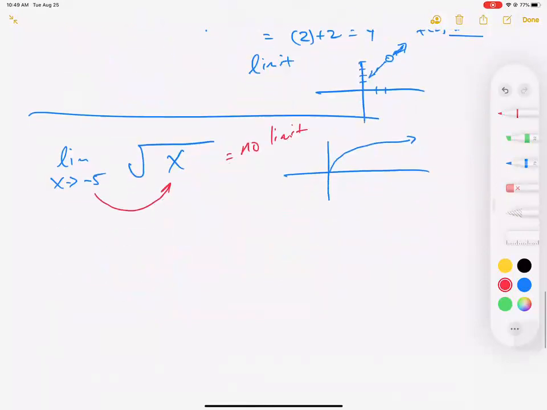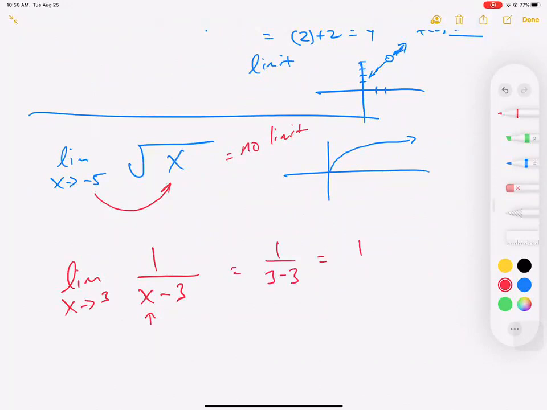Like if I give you a problem that says limit as x goes to 3 of 1 over x minus 3. If I plug in 3, we end up with 1 over 3 minus 3.